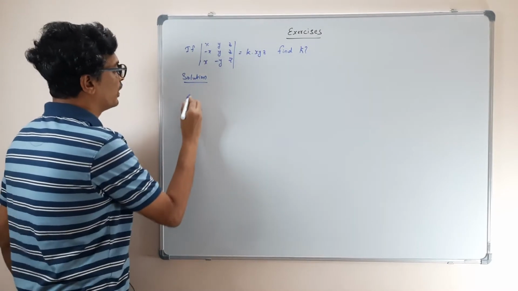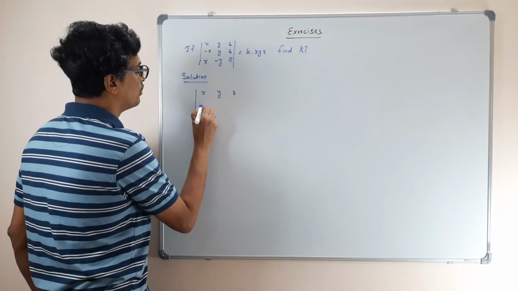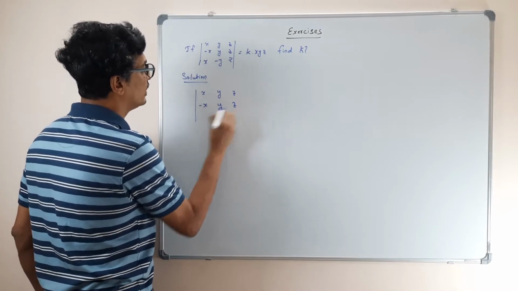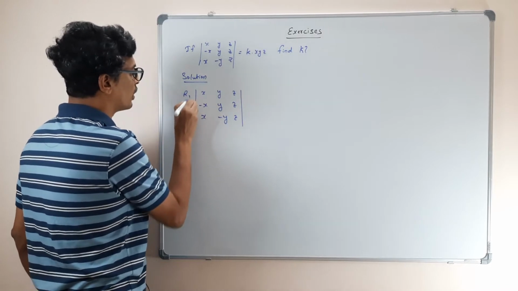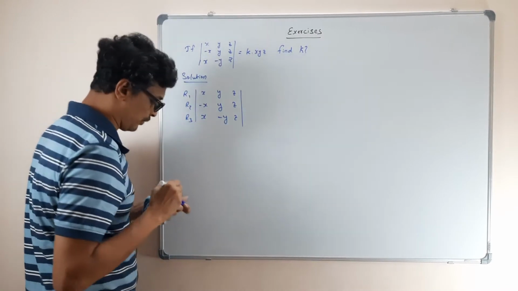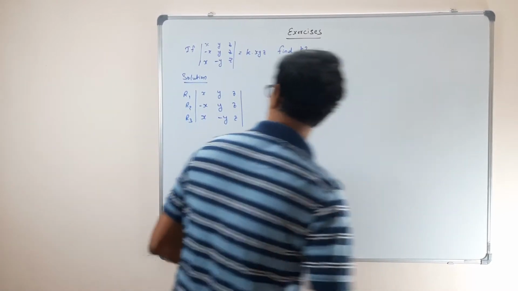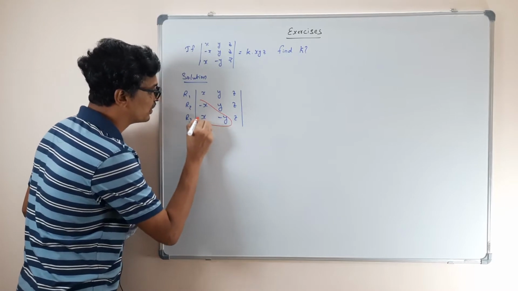So what we have is x, y, z; minus x, y, z; x, minus y, z. Okay, so this will be your R1, R2 and R3. If you remember, for a triangular matrix, what you have to do? We have to get this portion to be 0. Am I right?